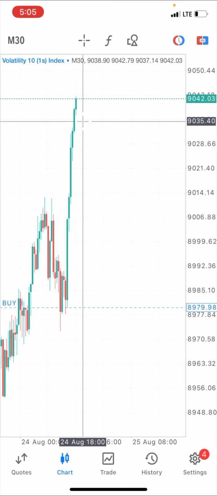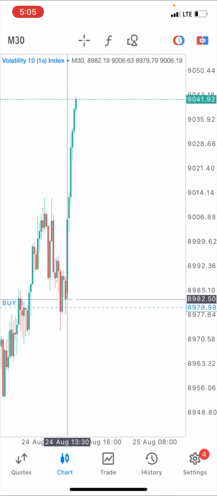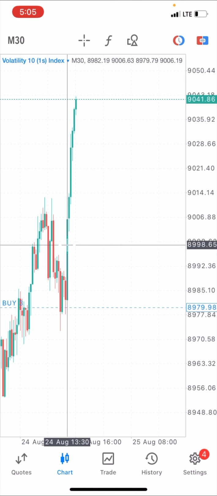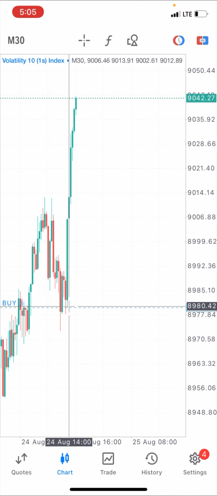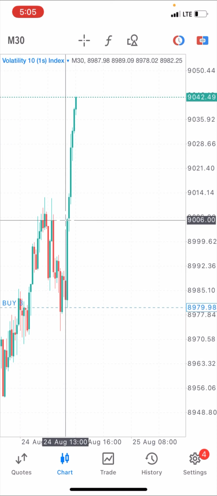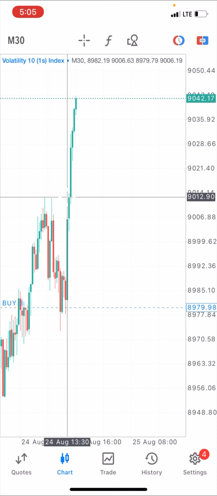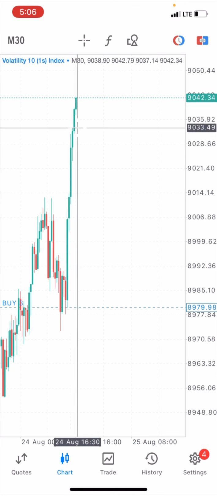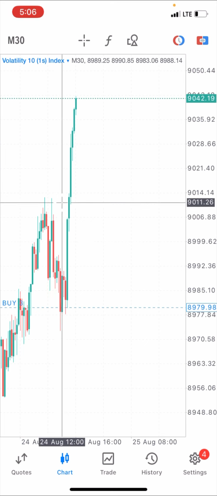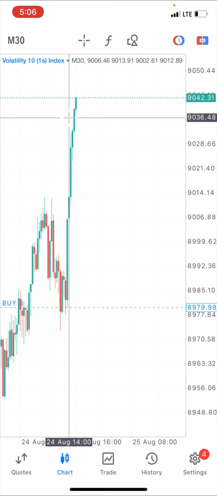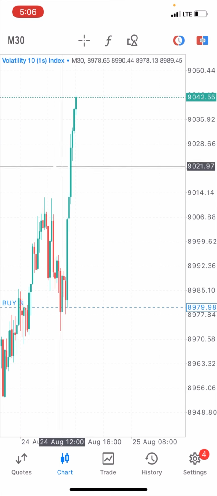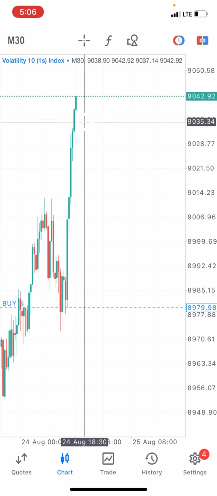That means in the 30 minutes time frame, it takes a 30 minutes interval for a candlestick to open and close, right? So in this case, the market opens here, closes here, another one opens, closes, right? Opens again, closes, another one opens here, closes, like that. So you can count with me: 1, 2, 3, 4, 5. This means 30 minutes, 1 hour, 1 hour 30 minutes, 2 hours, 2 hours 30 minutes, guys.